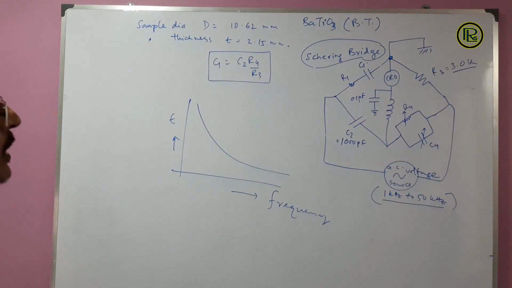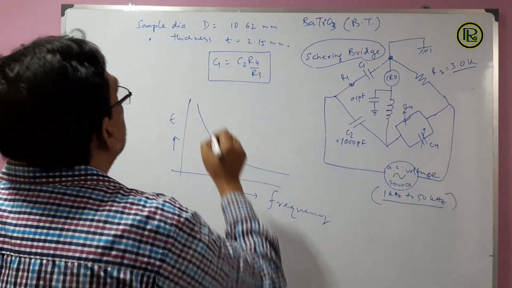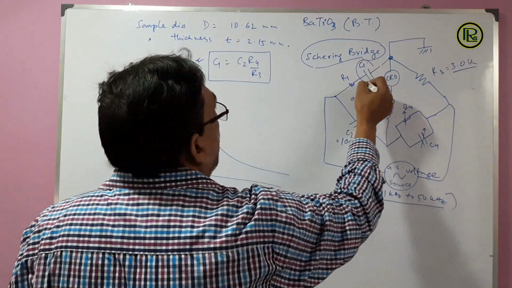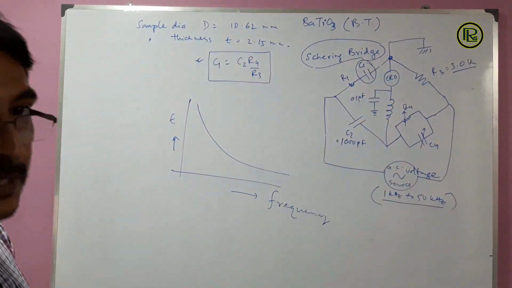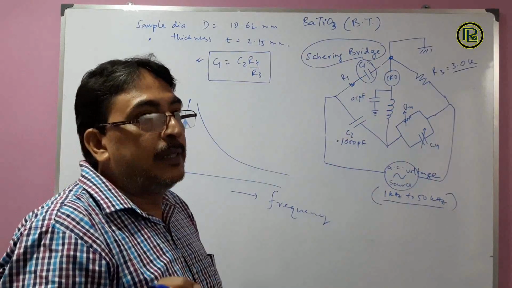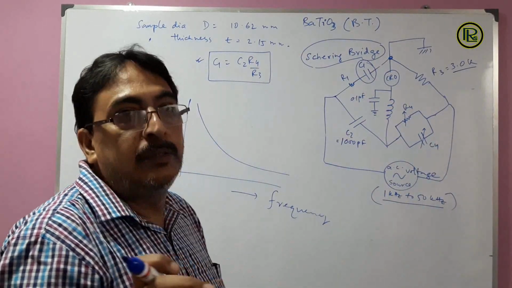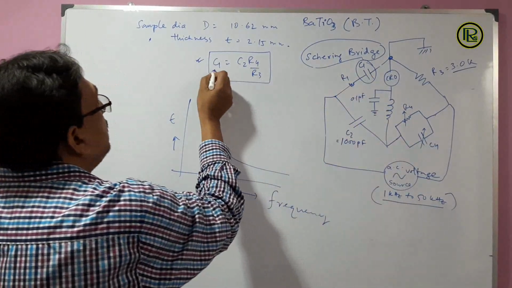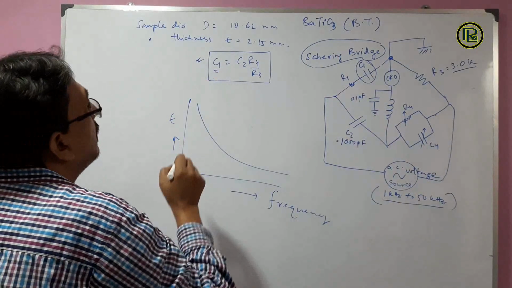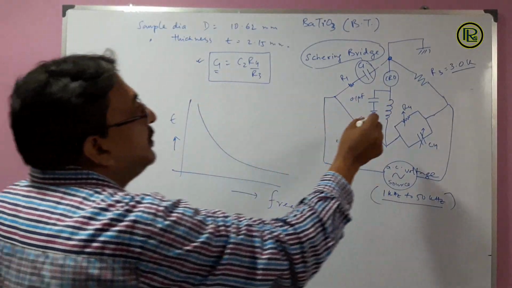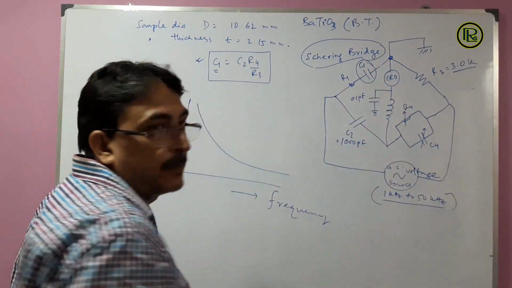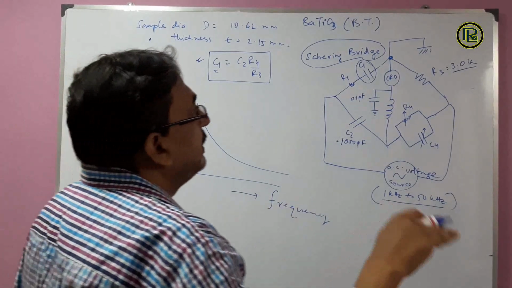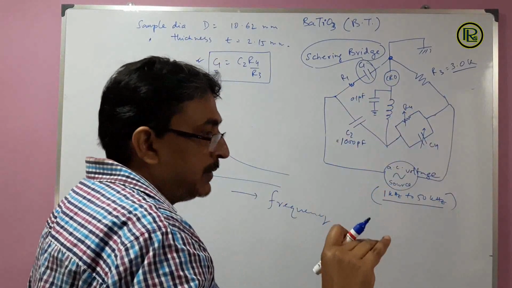The working formula for our experiment is the following. We can find the capacitance C1 when the dielectric is present within the capacitor, when the bridge is balanced in the CRO. Balance means the voltage in the CRO gives the minimum value.